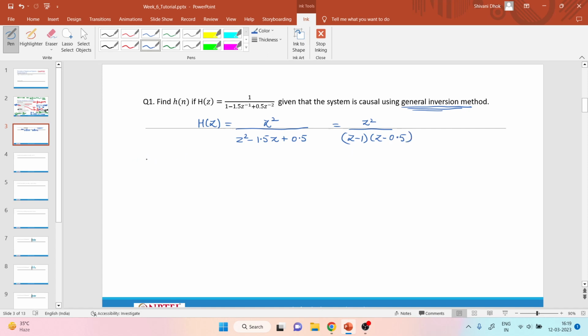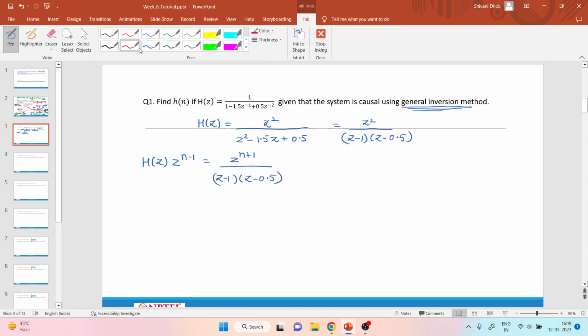Now let us consider this H of z into z to the power n minus 1. So this is equal to z to the power n plus 1 upon z minus 1 into z minus 0.5.